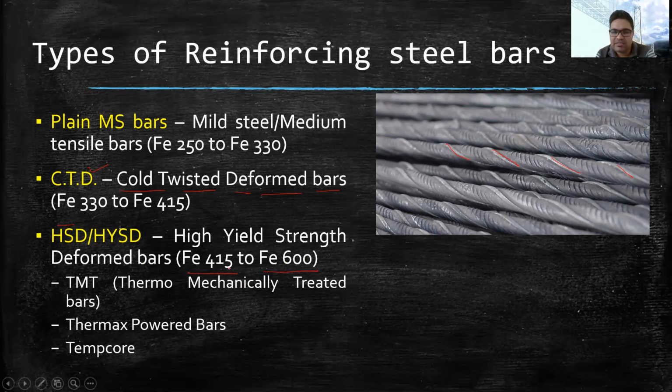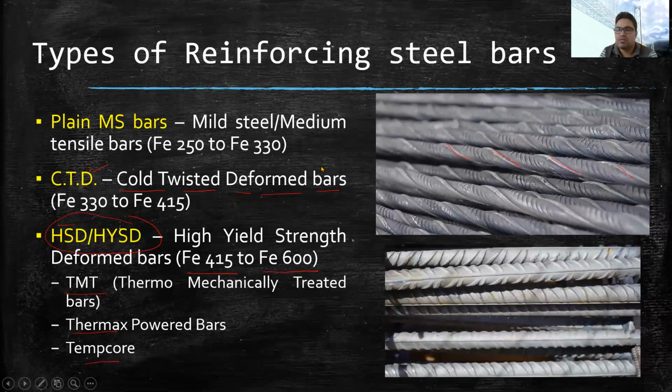They are very high strength bars, and different terms are associated with these bars: TMT, Thermex, Tempcore. These are basically the manufacturing processes of these bars. Nowadays we use this type of bar, and they look like this.